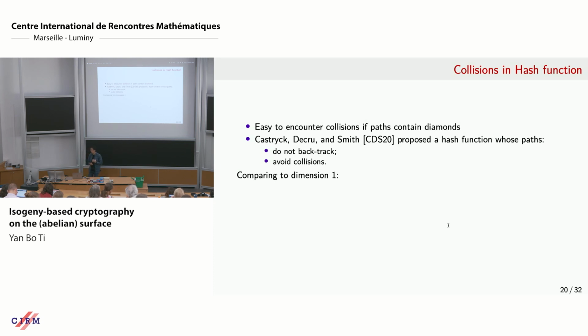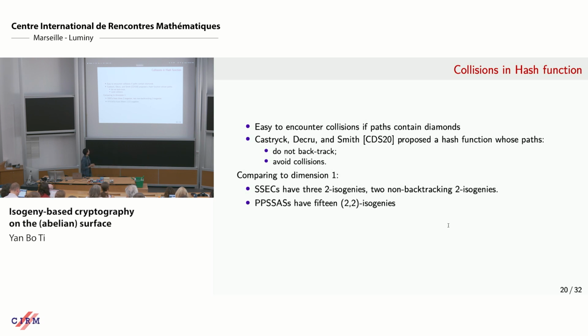This compares to dimension 1, because Charles, Goren and Lauter have done this in dimension 1. In the supersingular elliptic curve case, you normally have 3 isogenies, right? But because you do not want to backtrack, you only have 2 non-backtracking 2-isogenies. So the question is, you have one for genus 1, why do you want another one for genus 2?